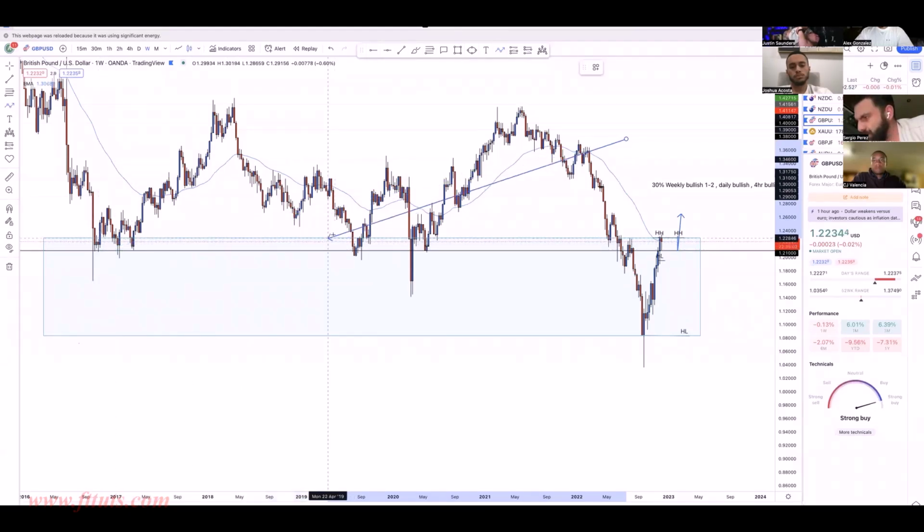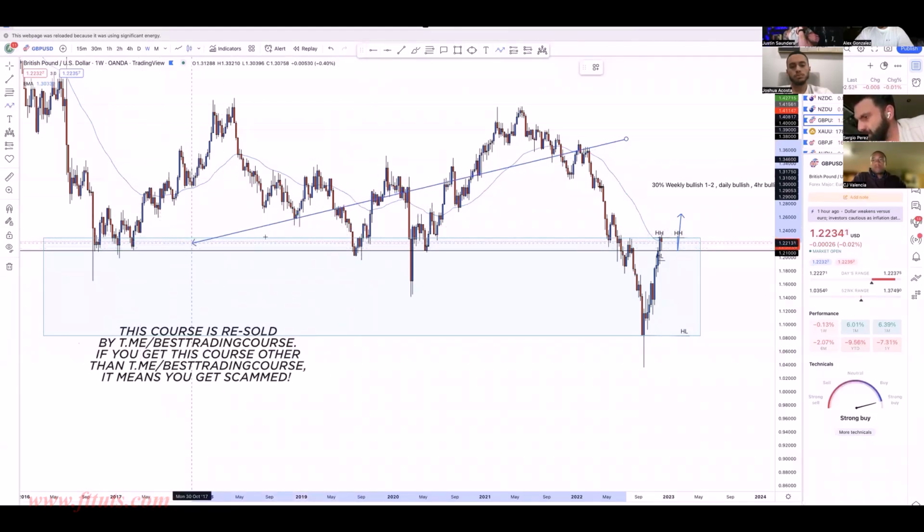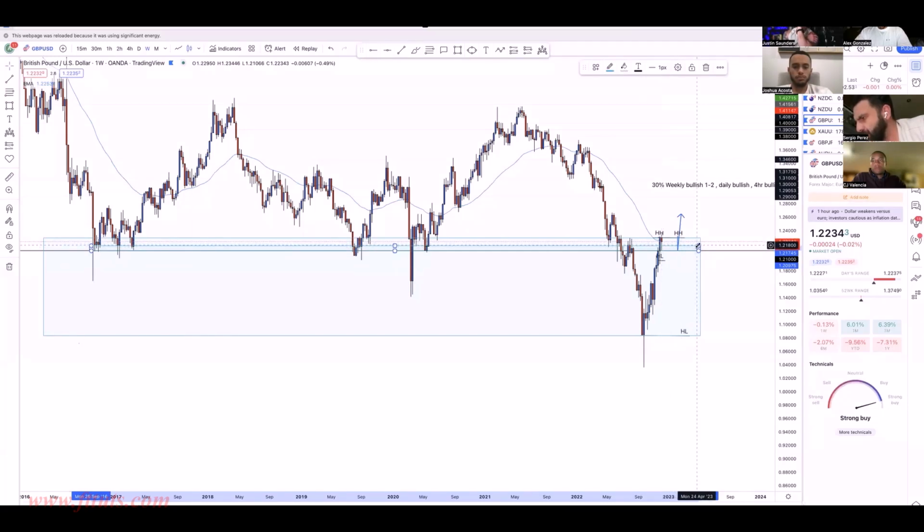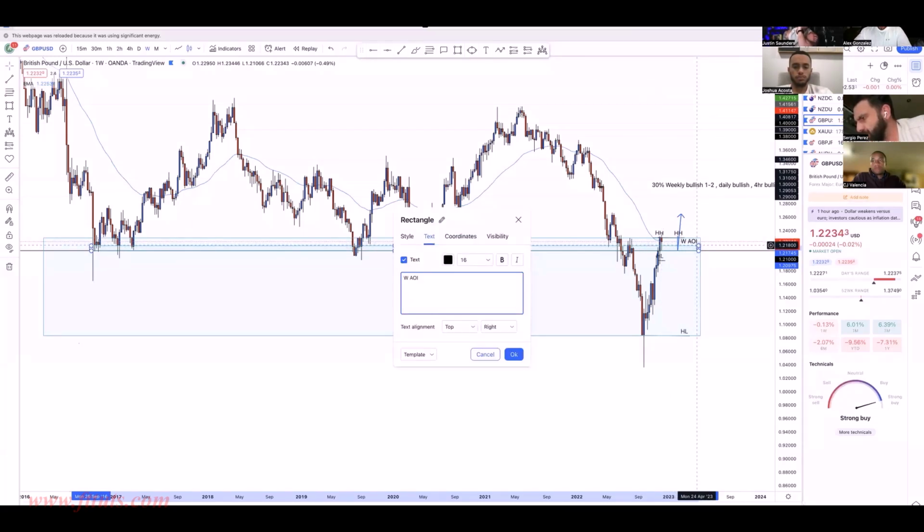I count wicks and some of the bodies into the zones. I'll be showing you in a little bit how I mark it off, but for now we'll just do it like this. We'll get some wicks and some bodies in here, and then you can tell this would be our area of interest number 1 on the weekly time frame.